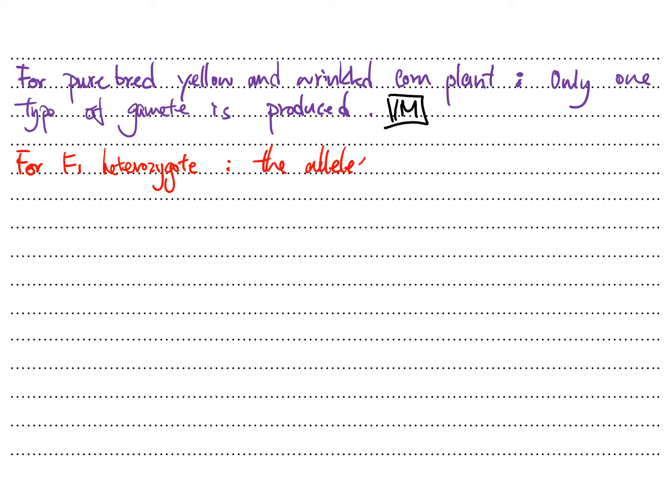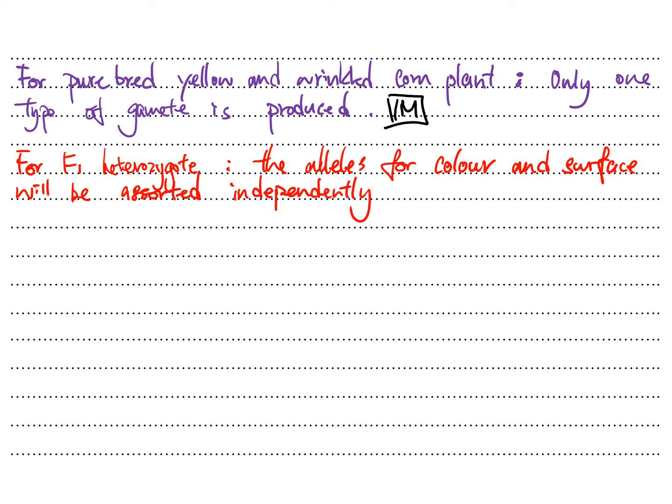The alleles for color and surface will be assorted independently due to what we have learned, independent assortment.